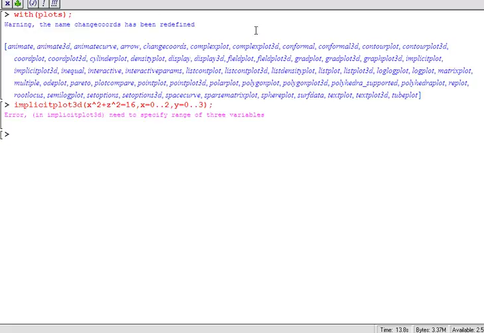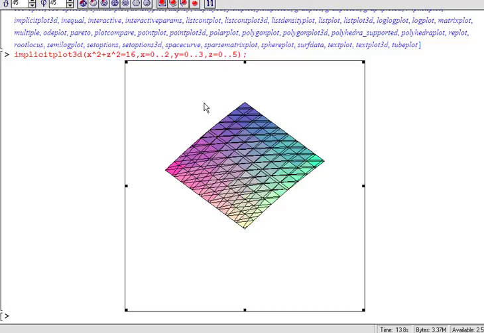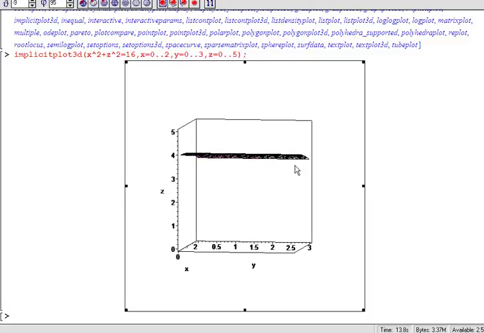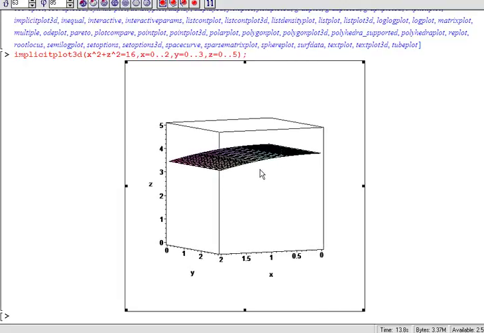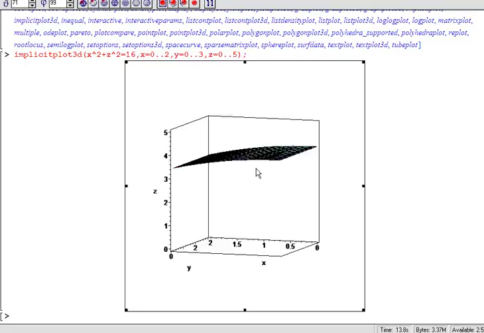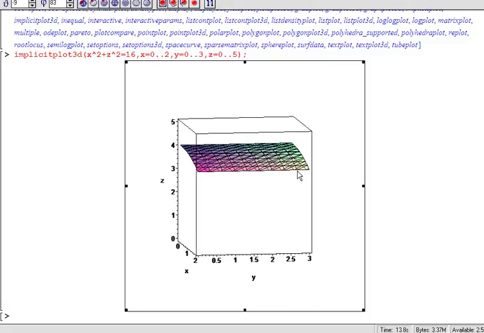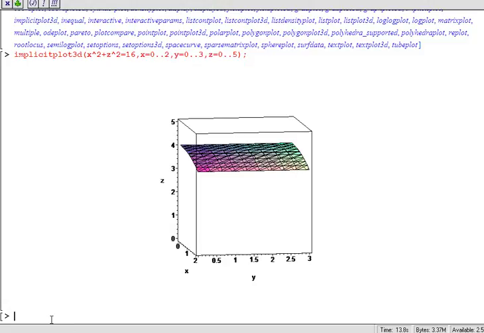I need a Z in here with implicit. Okay, so you can see that it's kind of rounded and it's kind of a square shaped thing. We found the surface area of that in the lectures. Now let's try this one.